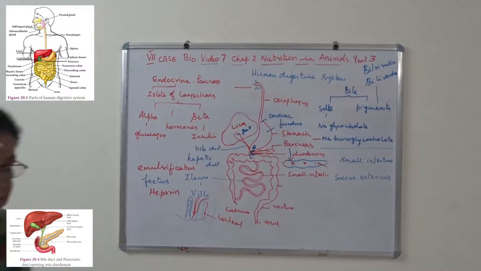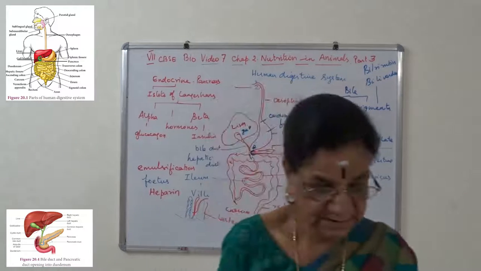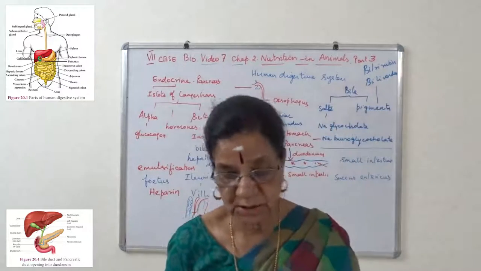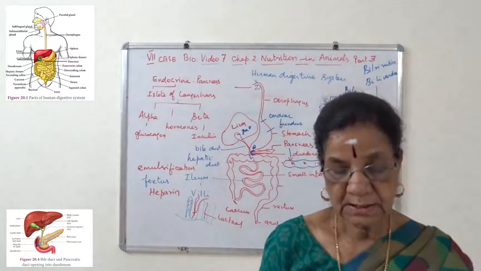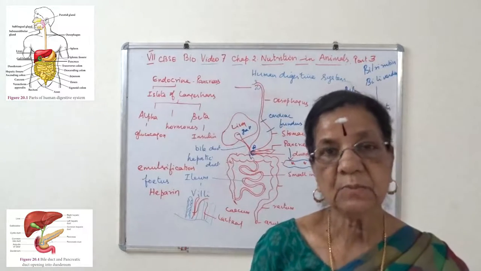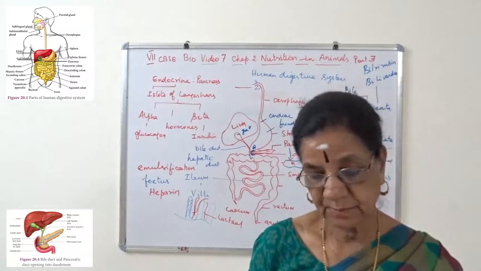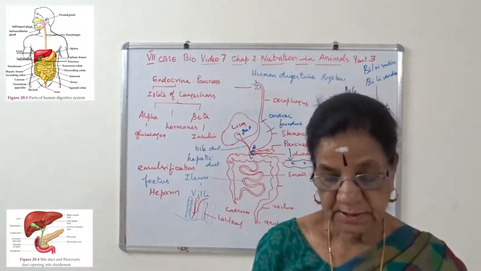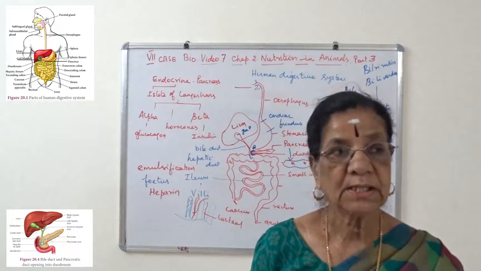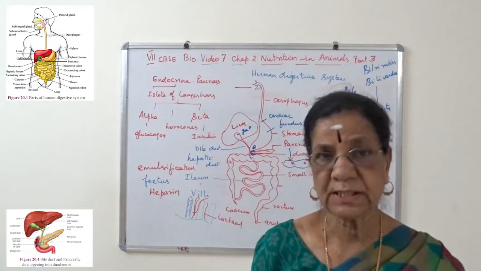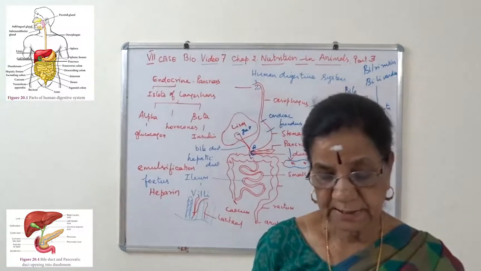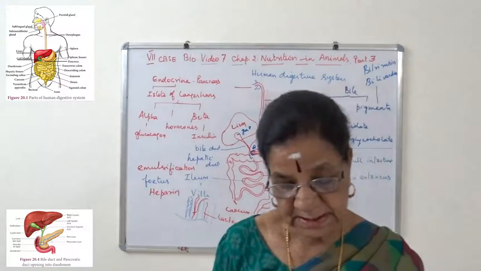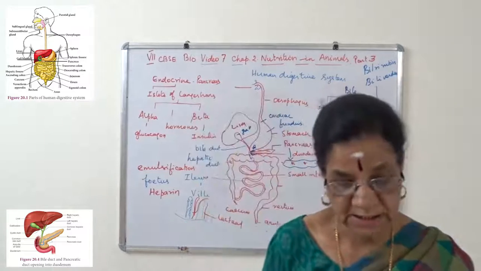And then, this large intestine, as I said, the unabsorbed and undigested food is passed into the large intestine, and it has the cecum, colon and rectum. The cecum is a small blind pouch situated at the junction of the small and large intestine. The blind end is a fingerlike structure, the vermiform appendix, which is a vestigial organ.